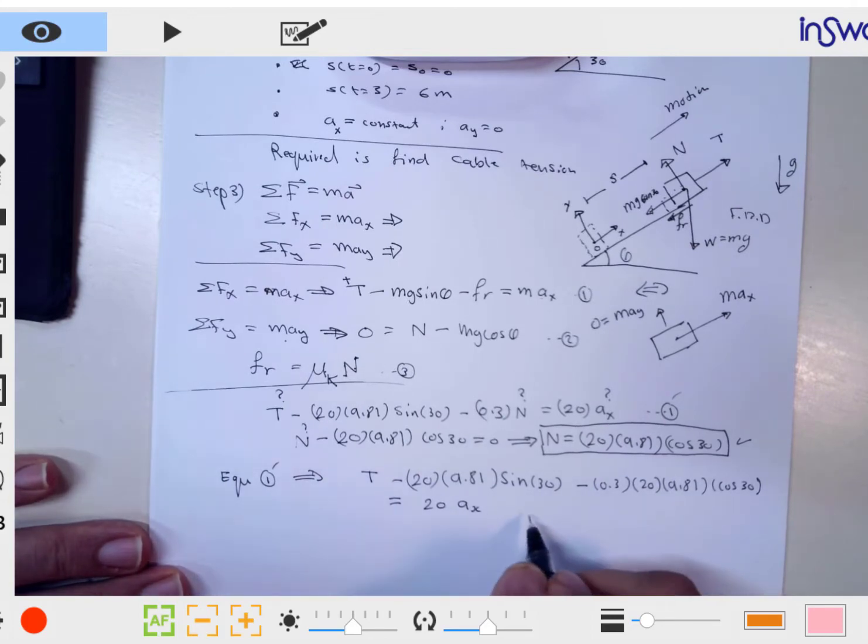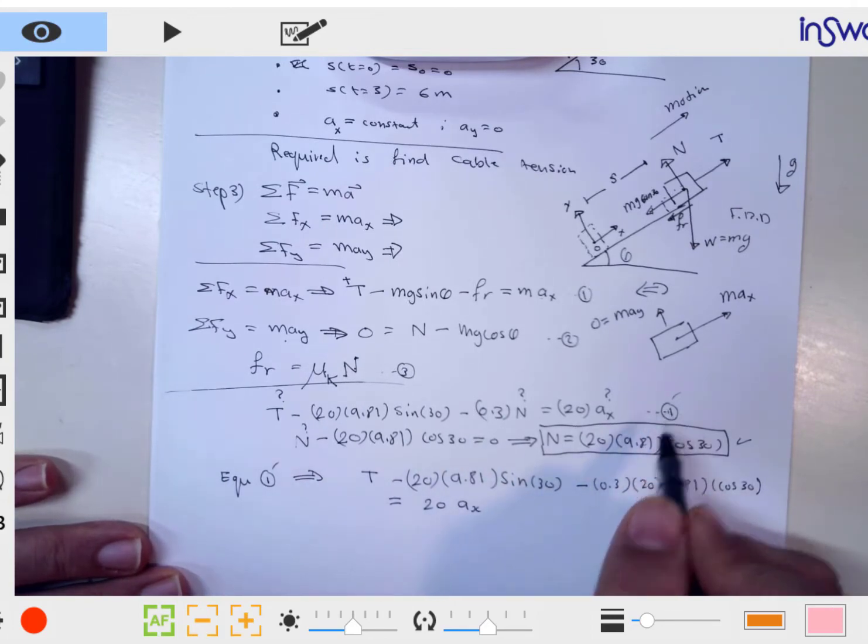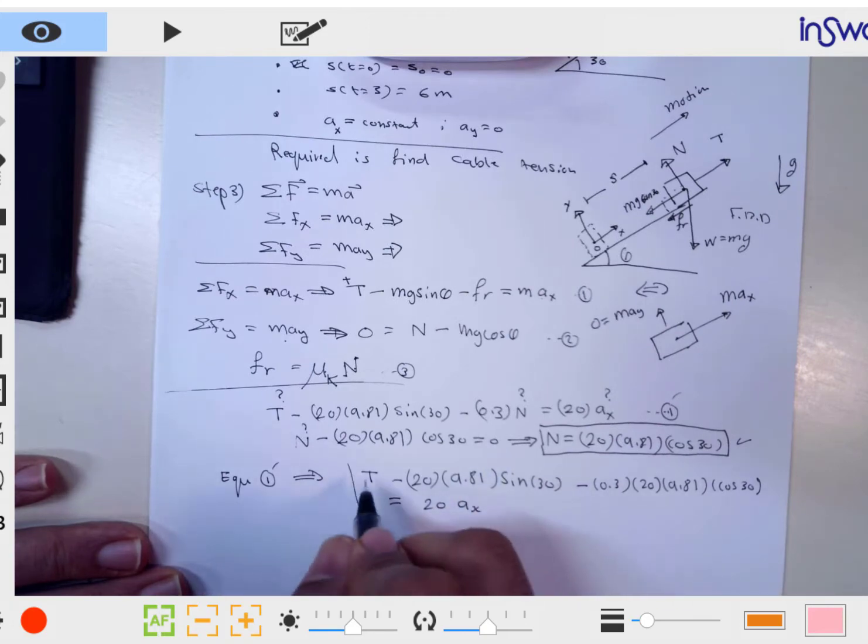Well, what I did is I substituted this over here. So this is the only equation we have now.